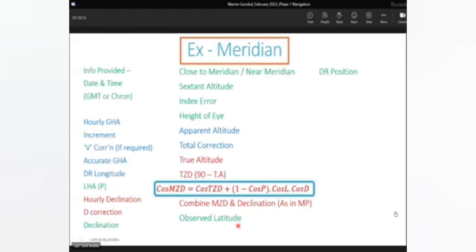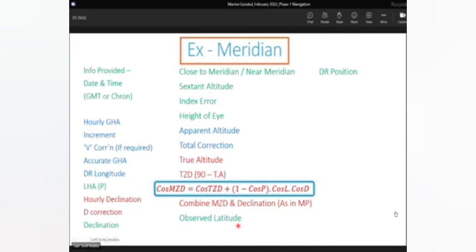Similarly, the PL also will not be running exactly east-west. It will have some different direction. And that is why, depending upon where you are on the PL, the latitude is going to change. I will show you with the diagram also in the next slide. But to remember, the observed latitude, what we get in the ex-meridian method, is not our fixed latitude.